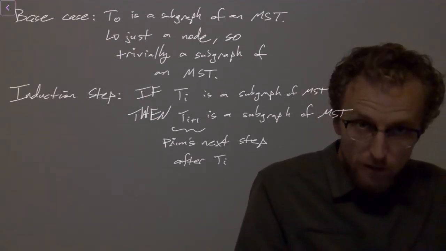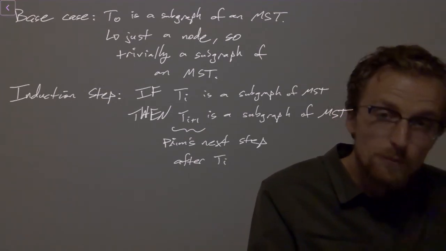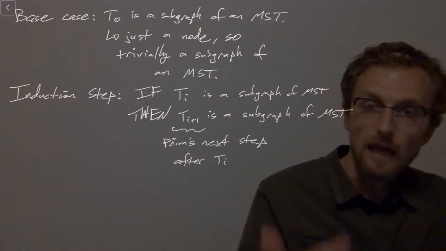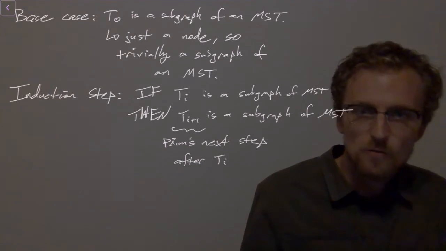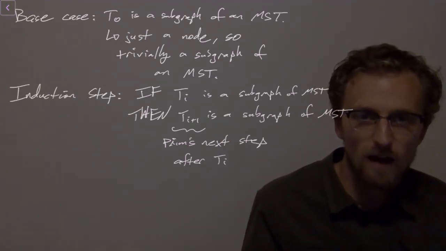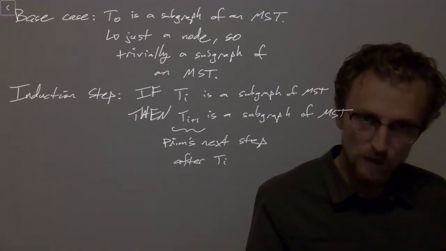So big picture, if we have both of these, then what we have is a complete proof, right? If we have the base case, which is trivial, we know this already, and we have the induction step, then what we have is a proof that Tn minus 1, right? We can just do this n times, and we get up to n minus 1, and we have that Tn minus 1 is an MST. So let's try to prove this induction step.